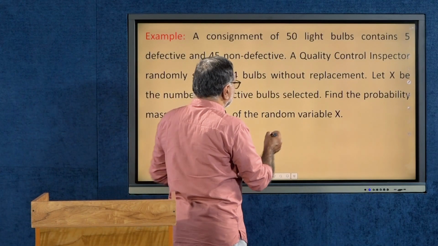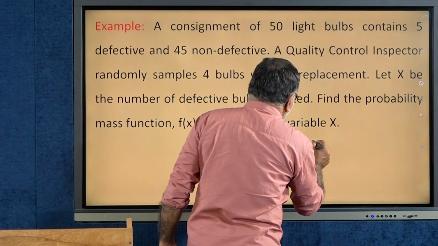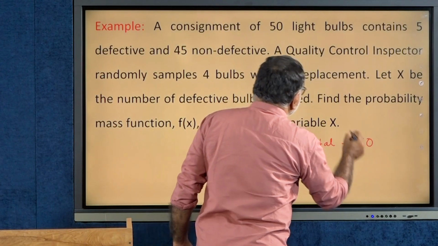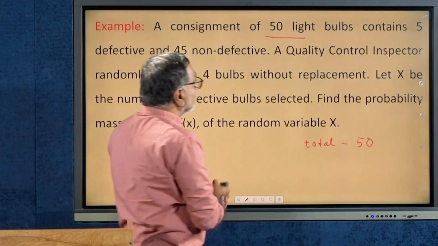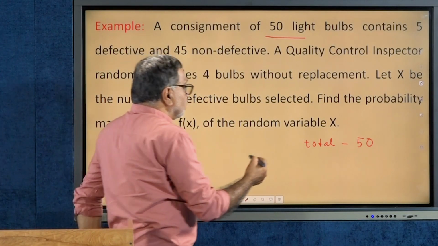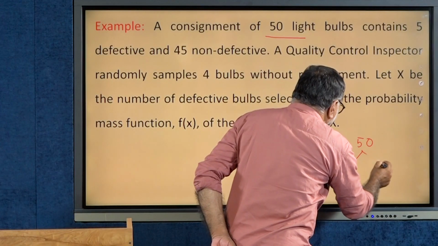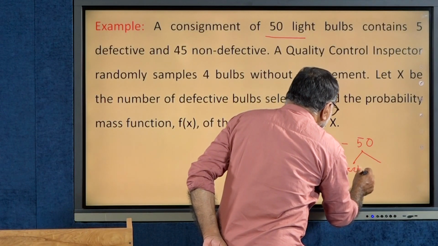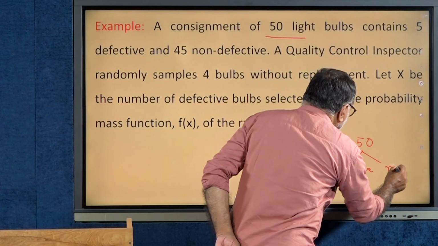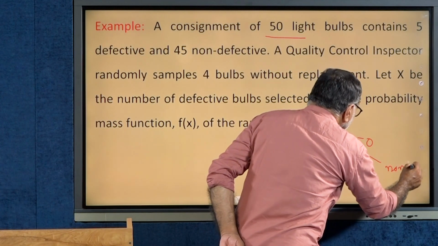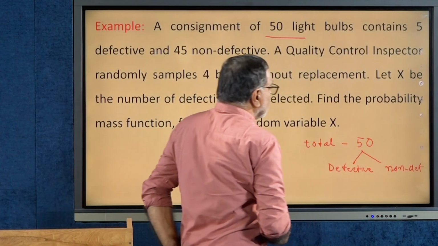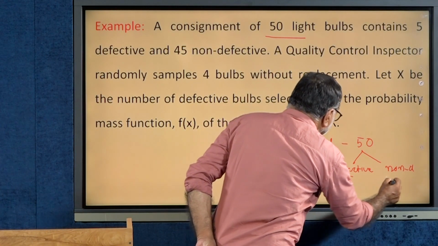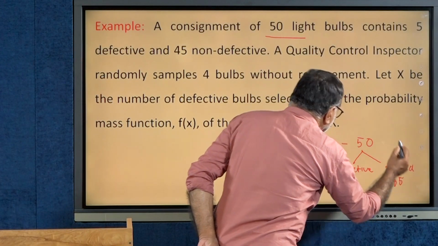So here what is the situation? We have a consignment of 50 total items. Of these 50 items, there are 2 types of items: one is defective and another is non-defective. There are 5 defective items and 45 non-defective items.